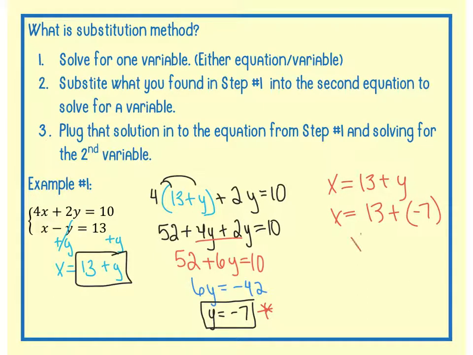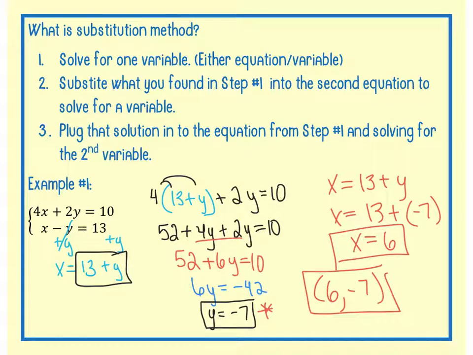My X value is 6. I have solved for X and Y now. The last step is to write it as an ordered pair. So my answer is 6, negative 7. These are the only two numbers that, if I plug them back into both equations, are going to make both of the equations true.